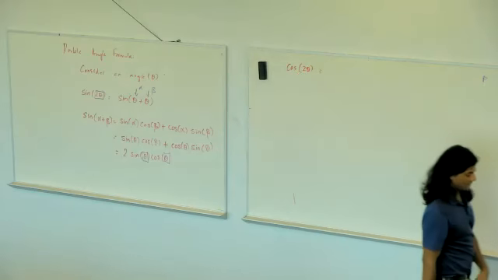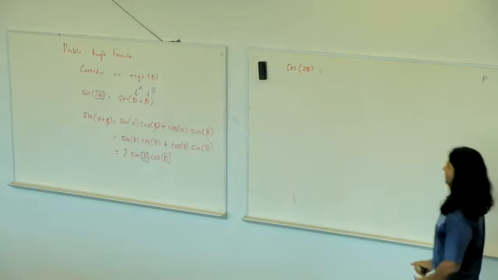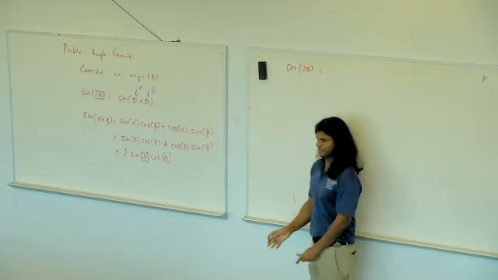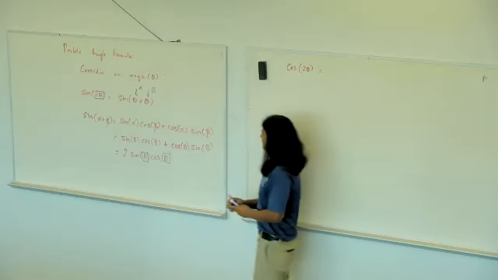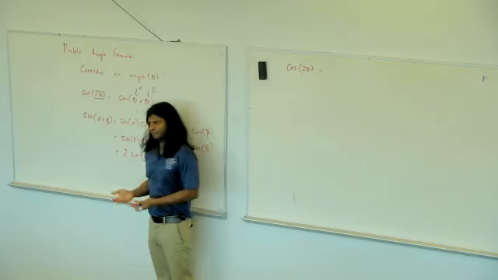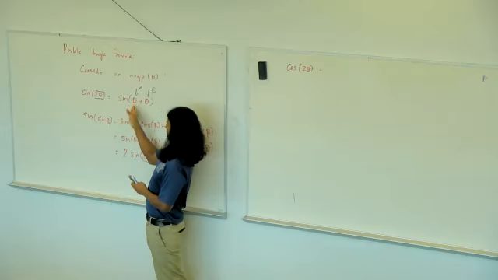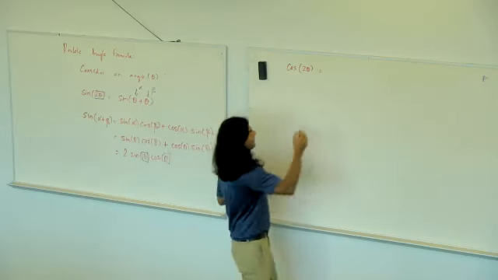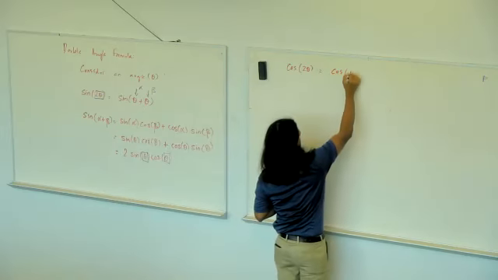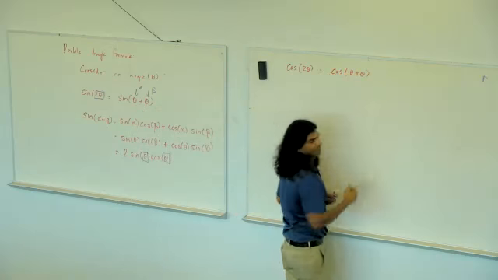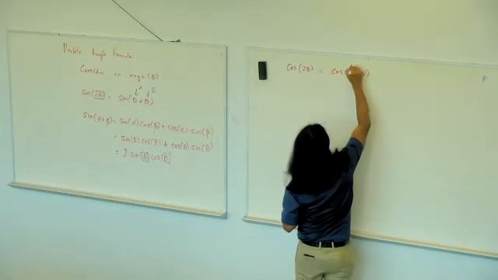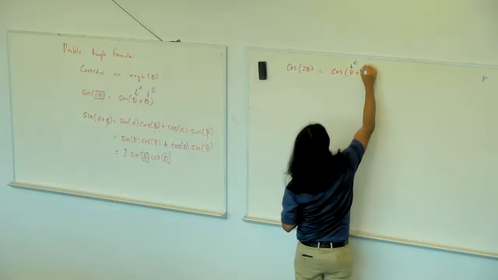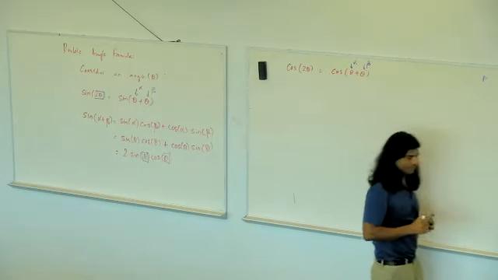If I did cosine 2 theta, I can follow the same logic, split it into 2 terms, alpha and beta, pick the easiest one, theta plus theta. So alpha is theta, beta is theta.